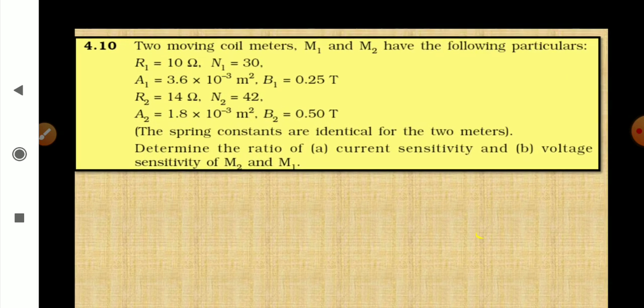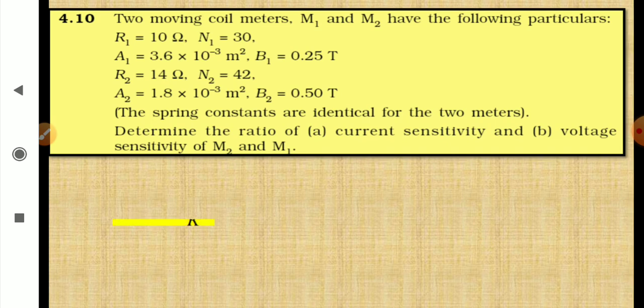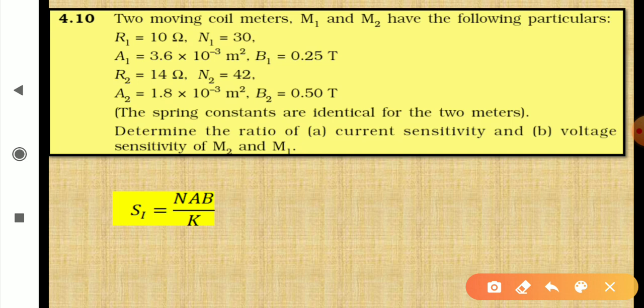And another NCERT problem only. Look at it. Two moving coil meters M1 and M2 have following particulars. R1 10 ohm, N1 30, A1 3.6 into 10 to the power minus 3 square meter, B1 0.25 Tesla.